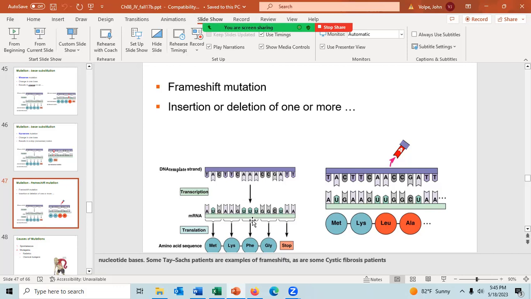Any question about that? Some Tay-Sachs patients are an example of a frame shift mutation where they have either an insertion or a deletion of a nucleotide.